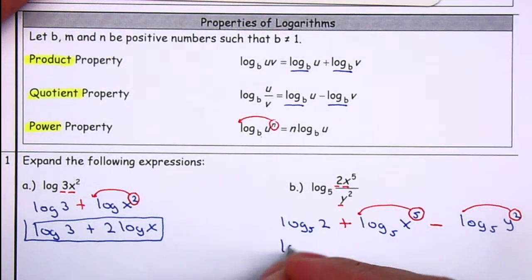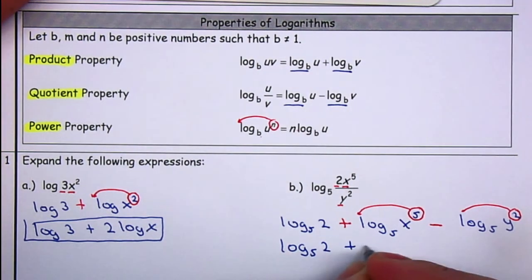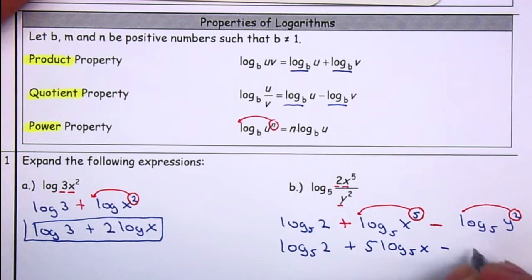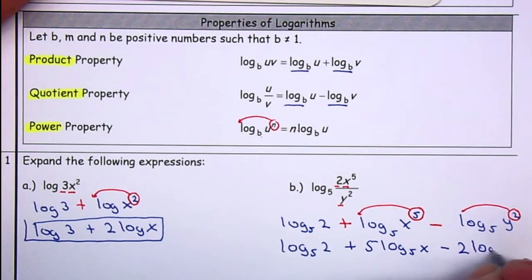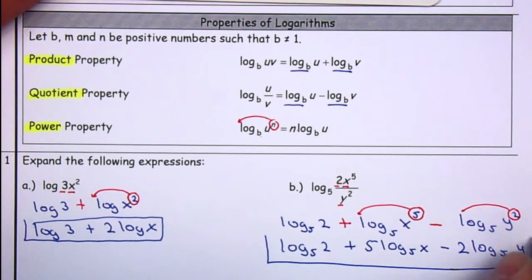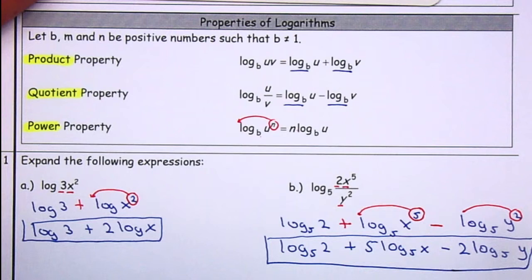We have log base 5 of 2 plus 5, that was the exponent, the log base 5 of x minus 2, that was the exponent, log base 5 of y. And that'll be my answer.